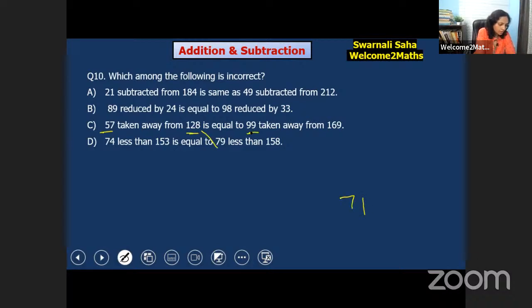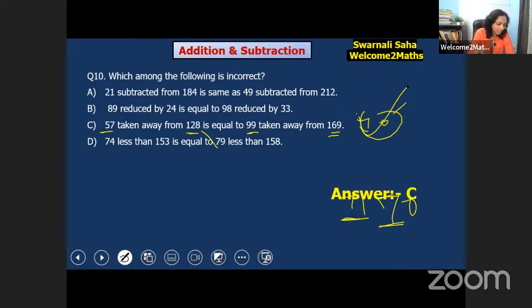And whenever we take away 99 from 169, it is how much? Yes, 70. It's not matching, right? 71 and it's 70. So it is incorrect. So C would be our answer. It is the incorrect one.